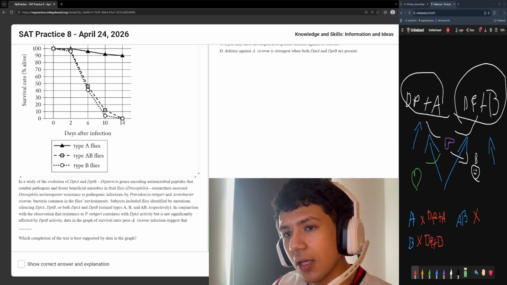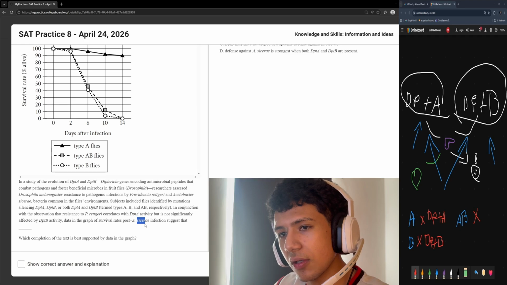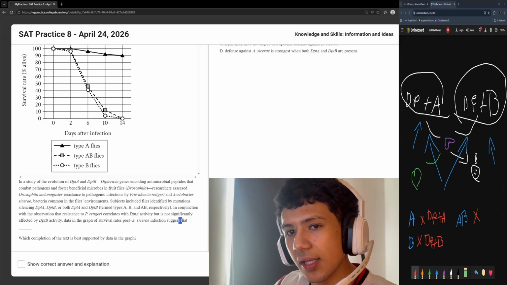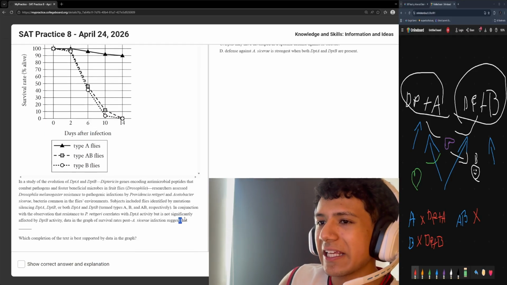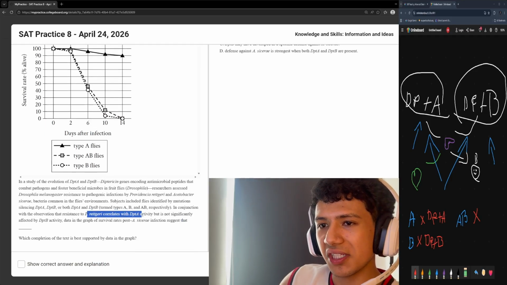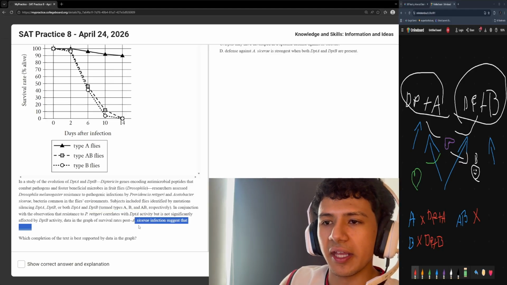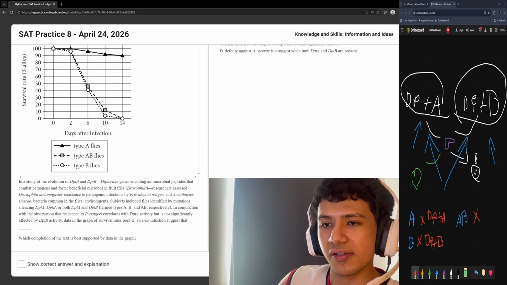And then it's saying, the graph is showing the infection not of P. reitgeri, but it's showing the infection of AS, however this is pronounced. AS is the infection on the graph. It suggests that, so let's look at what's happening. But I'm already guessing, if this is saying that P. reitgeri needed DPTA, it's possibly going to say the opposite for AS, right? AS is going to say flies need DPTB, not DPTA to survive.